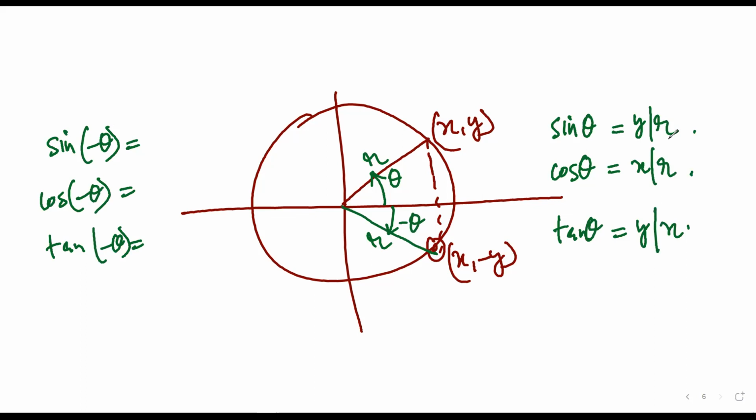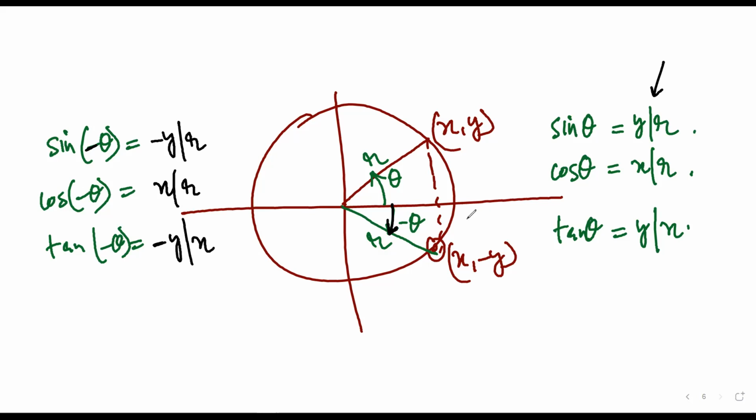Now, one thing that you would have already observed, at the heart, this is still perpendicular upon hypotenuse. But now it is written as y by r because we are defining the angle theta in terms of the coordinates of the unit circle or any circle. So now sine of minus theta would be minus y upon r, cos of minus theta would be x upon r, tan of minus theta would be minus y upon x.